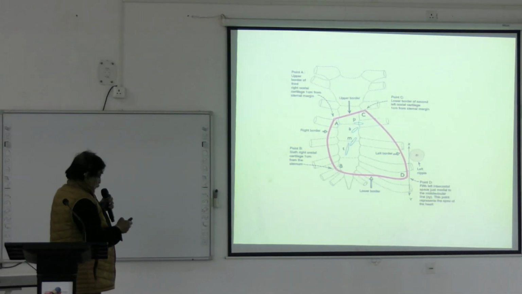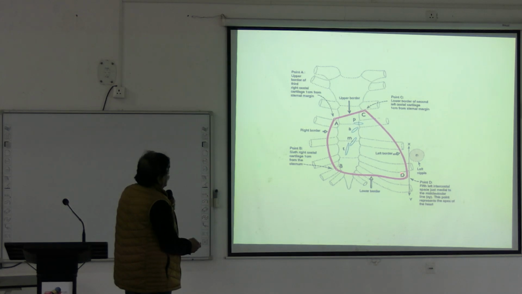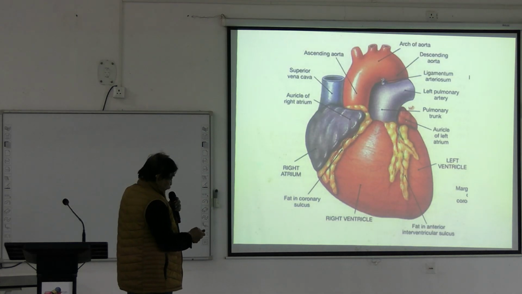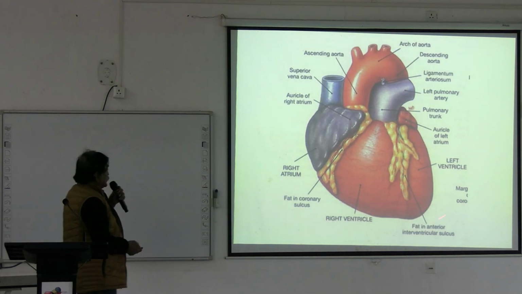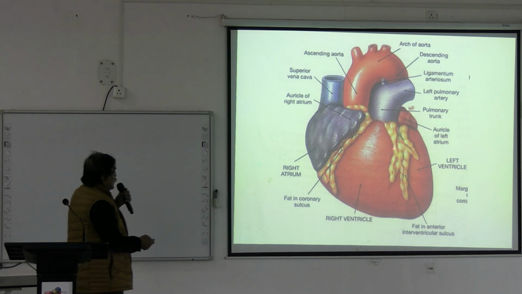Now, this is the surface marking: this is point A, point C, and this is point D, the apex of the heart, and point B. Now you can see the beautiful picture, and this is the right ventricle.